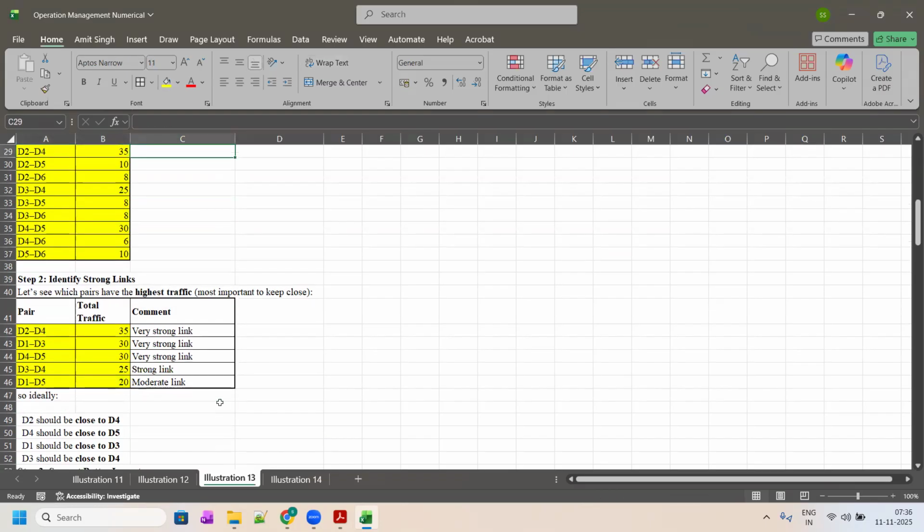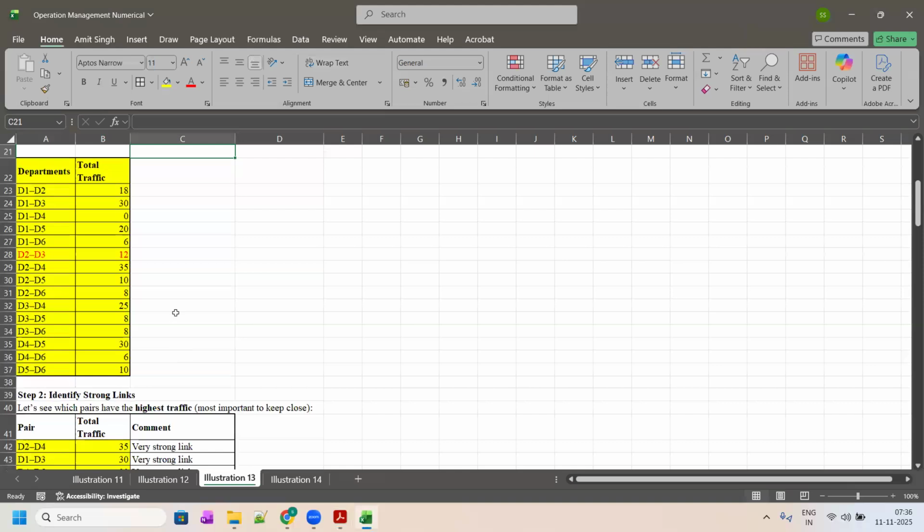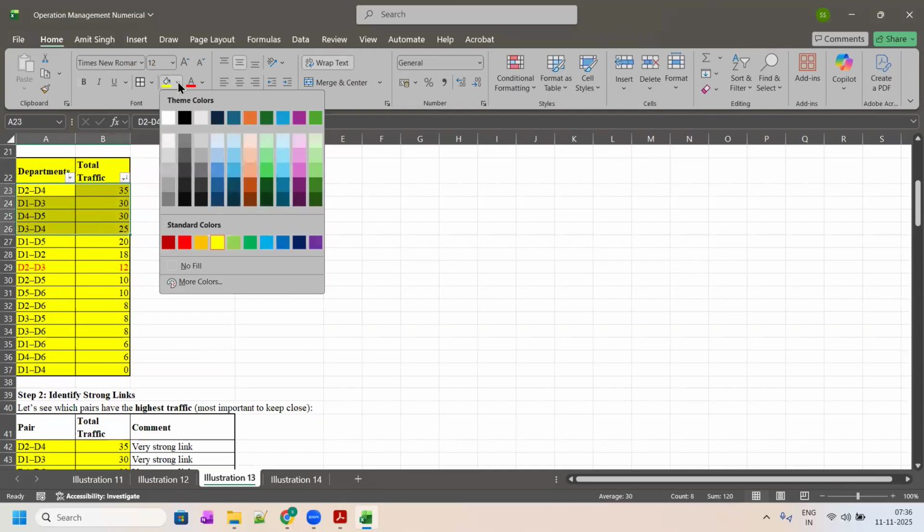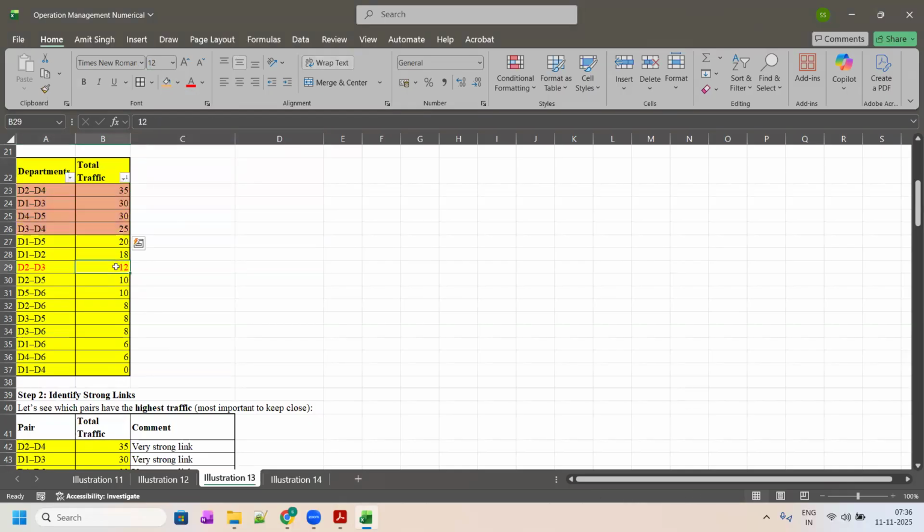You can arrange this data in descending order. If I arrange it, you can see D2 to D4, and these other departments should be closer to each other.